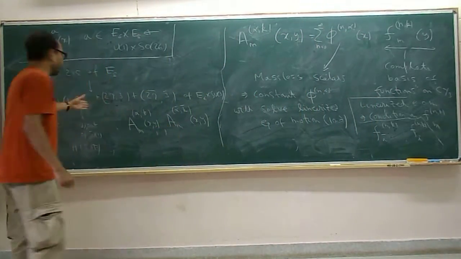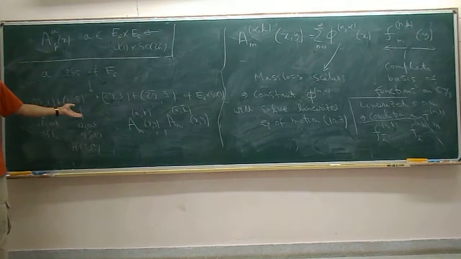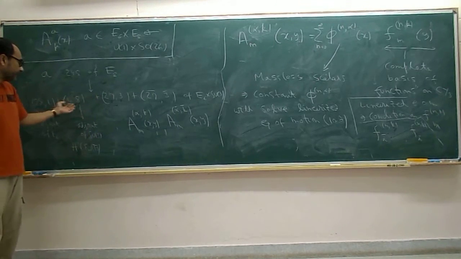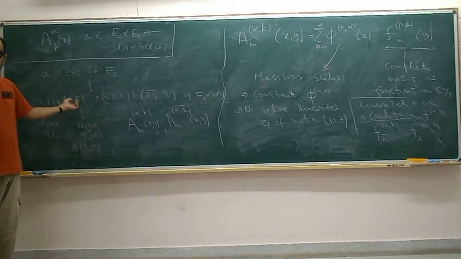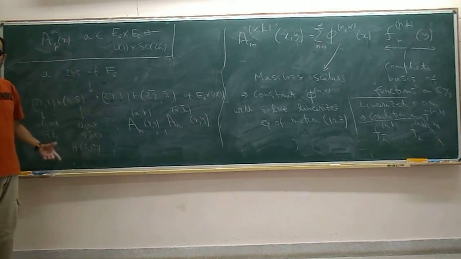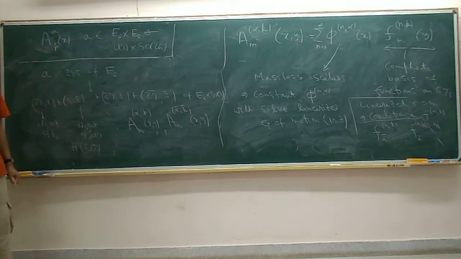Otherwise you could have just set this equal to 0, because if these didn't carry any internal gauge index, they are also one-forms, and there are no one-forms in the internal space. But the situation here is more complicated because of coupling to gauge fields.